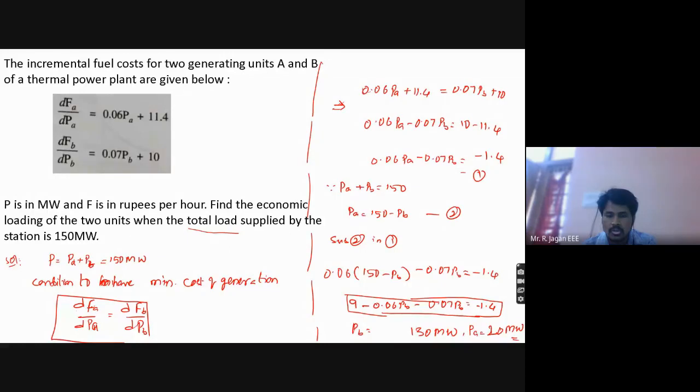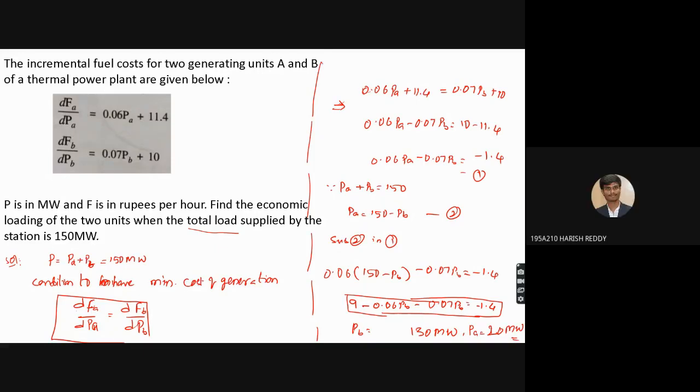You have to find out the value of two generating powers. Completed? Yes, sir.